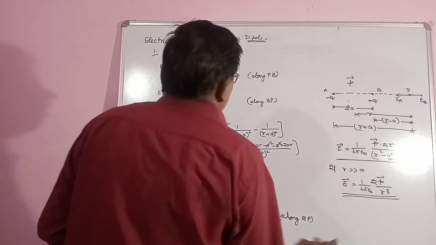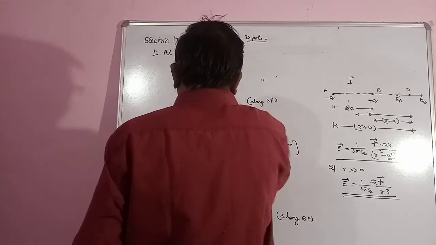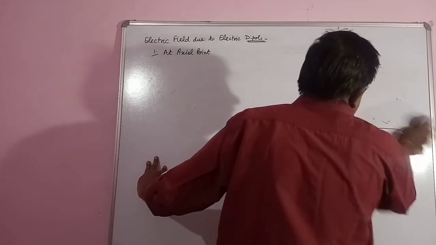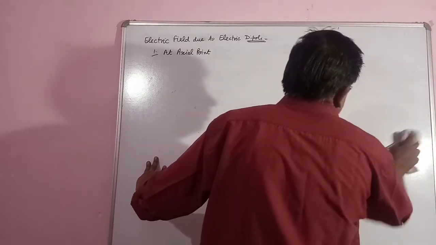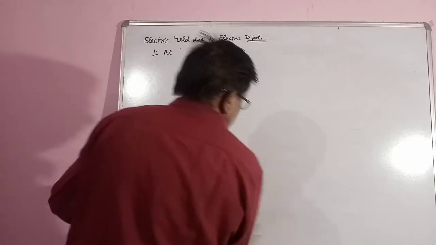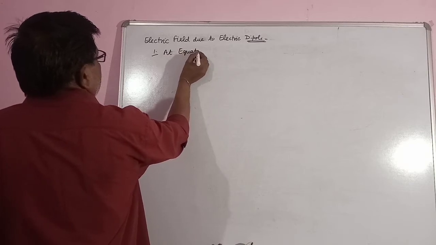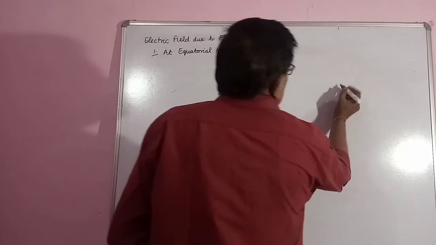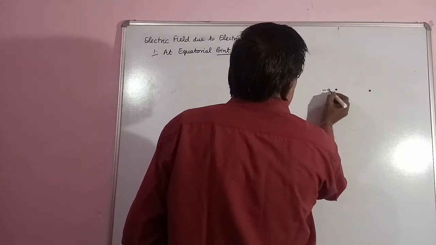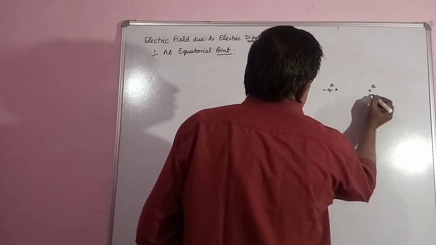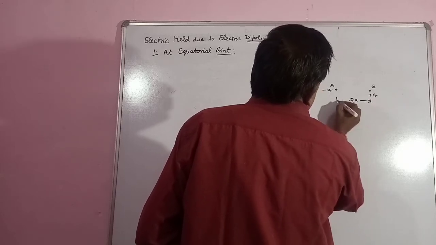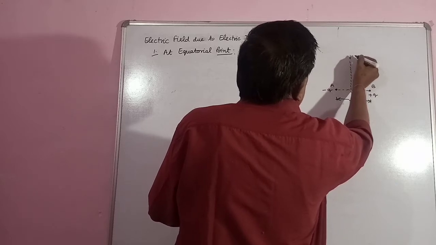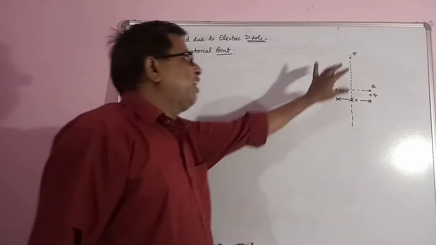Now come to the second point. Again, we have a dipole AB with plus Q and minus Q charges, separated by distance 2A, and this is the point P at which we have to calculate the electric field.